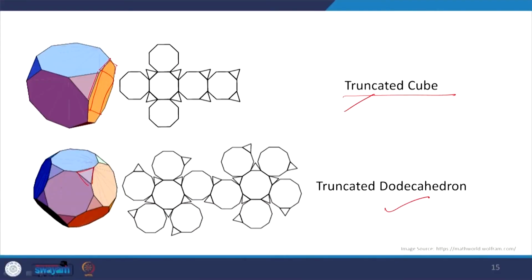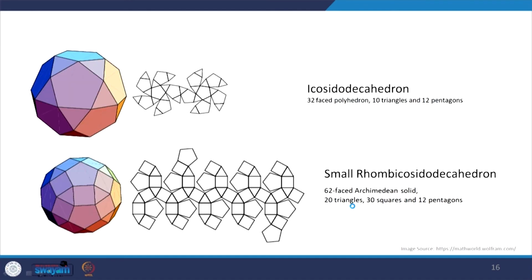Then we will have the truncated dodecahedron. So we will truncate each edge in such a manner that we get only a triangular surface. This is a smaller truncation, and at each of the pentagonal surfaces we get a decagon. So this is what your truncated dodecahedron is.